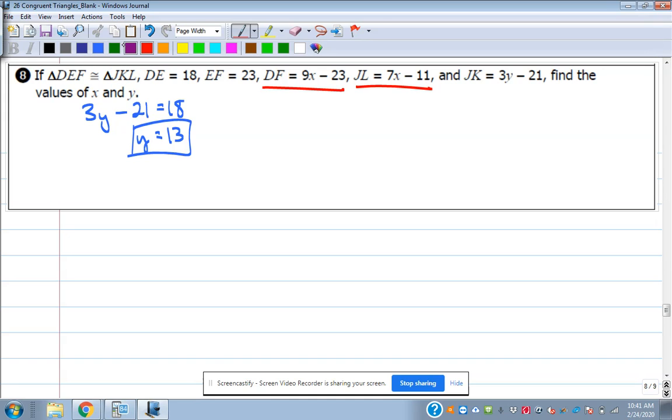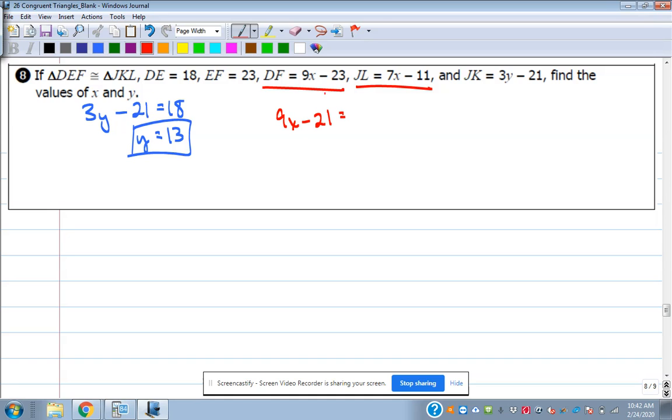Why can I not use this 23 that EF is? Because you don't know if they're equal. I would have to have a statement that uses what two letters from the other triangle? If I'm using E and F, I got to have K and L. And I don't have a statement that has anything with LK or KL in it. So that's why I've got to use DF is equal to JL.